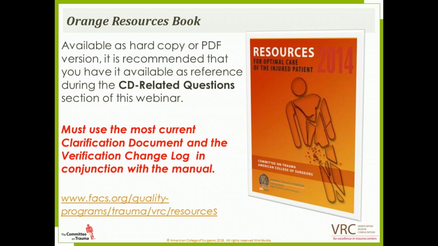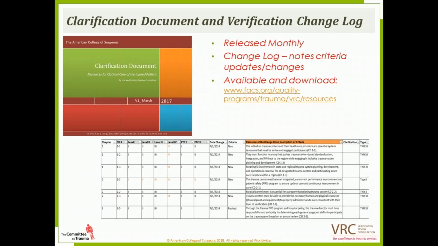As many of you are familiar, but for those of you that are new to our process, this is a copy of the Orange Book. There is a PDF available online that you can download at no additional cost. I do advise that when you use the resources manual, whether hard copy or PDF, be sure to download the most current version of the clarification and verification log, which is currently posted on our website at the link noted below.